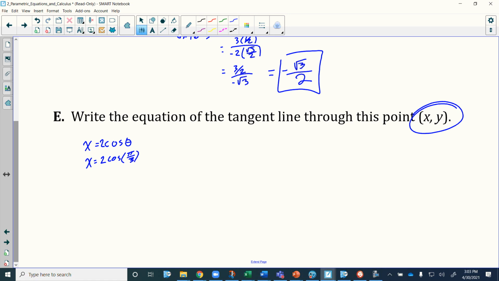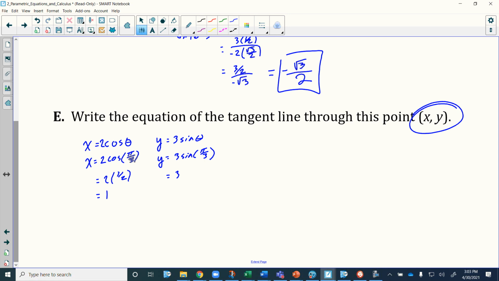And that will give me 2 times 1/2, which would be an x value of 1. My y-coordinate, same thing. I'm going to take the original parametric equation that we had, which was 3 times sine of theta, do my substitution. So I'm going to get 3 times sine of pi over 3. And that worked out to be radical 3 over 2.